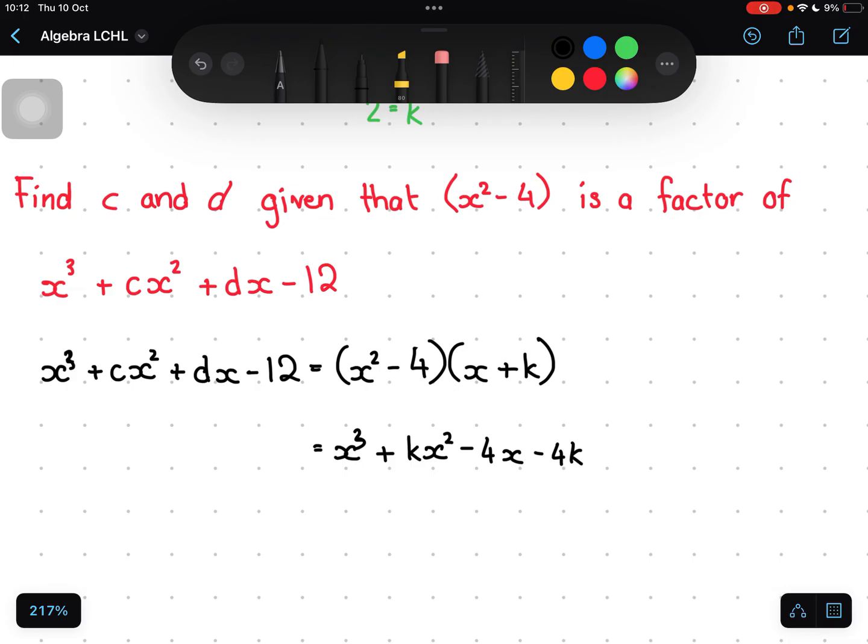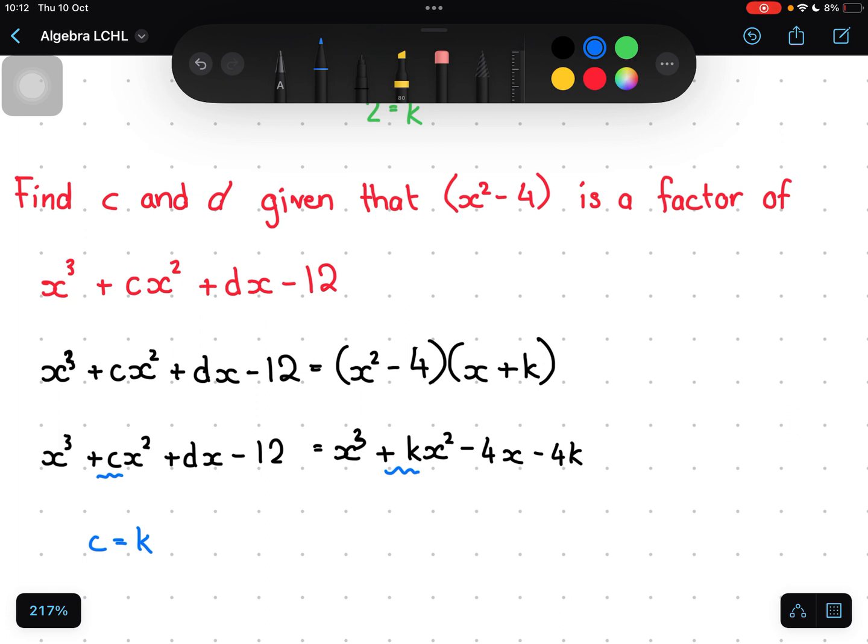So a few things there that we can spot straight away. In front of the x cubes, we already have our coefficients equal. It's 1 is equal to 1. In front of the x squareds, we have that c is equal to k, so I can write that down as an equation: c is equal to k.